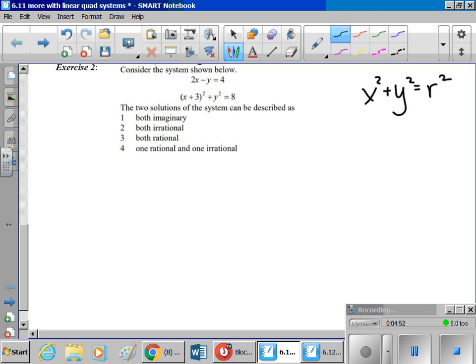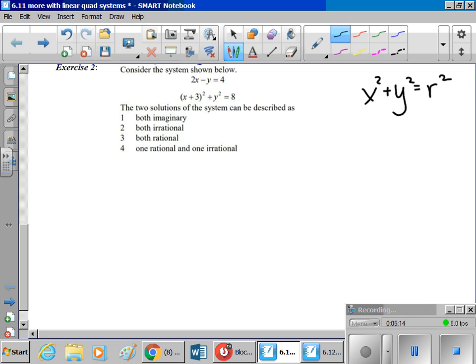We used to have a lot of circles in Algebra 2, but over the years it has been slid into pre-calculus with the other conic sections like the hyperbola and the ellipse. They do still show up once in a while, but I don't want you to flip out by it. It says consider the system shown below.